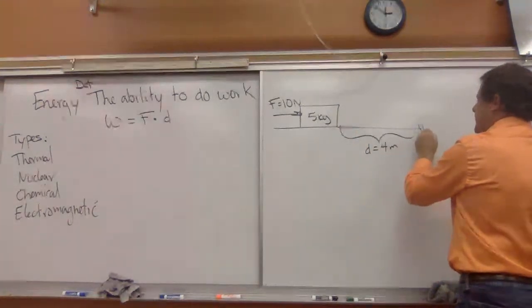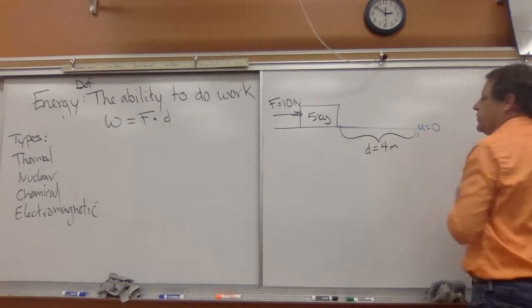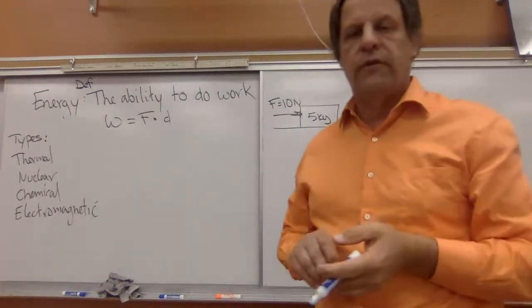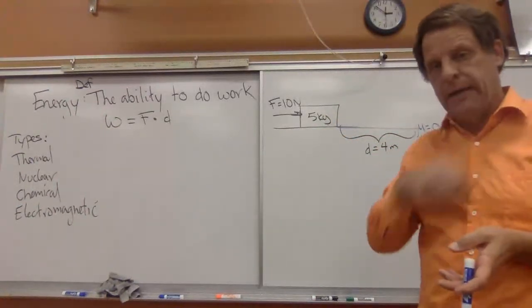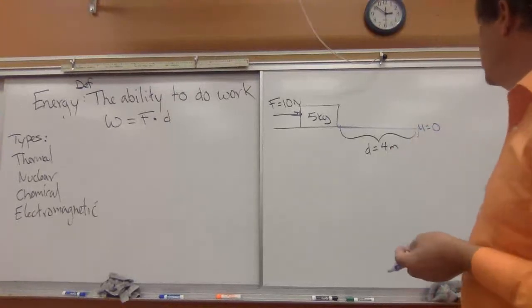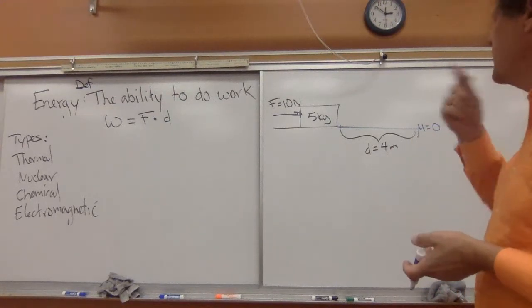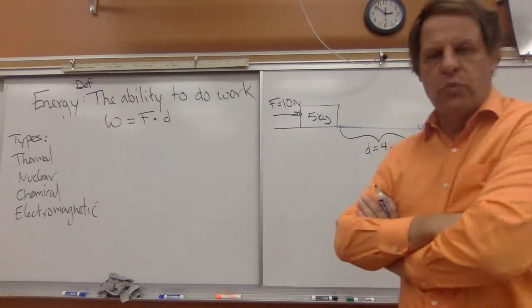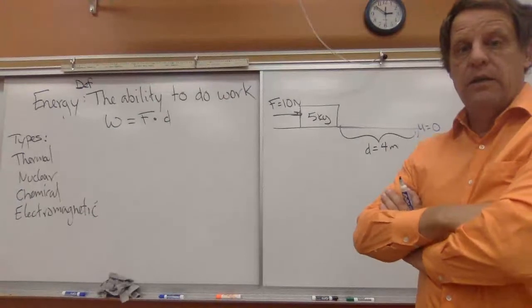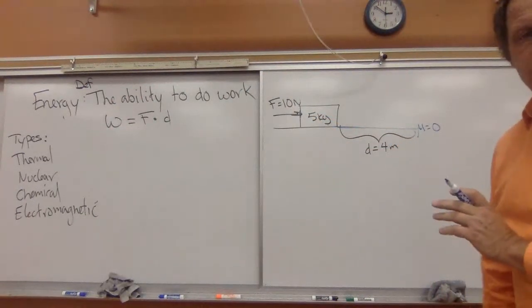Let's say that we have a coefficient of friction equal to 0, which means there is no friction. We apply that to this circumstance. How much work did this force do on this object?